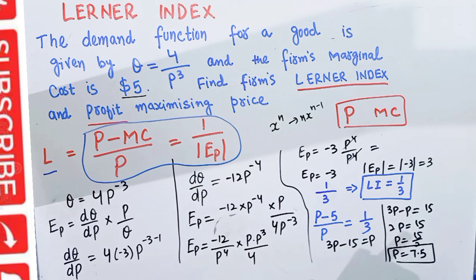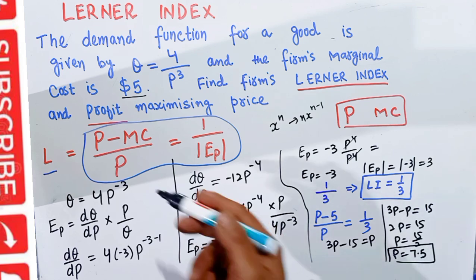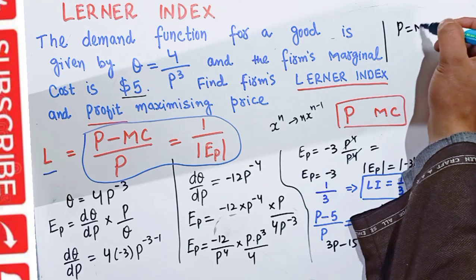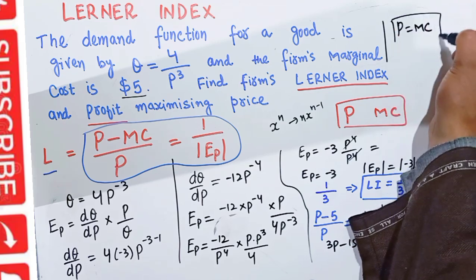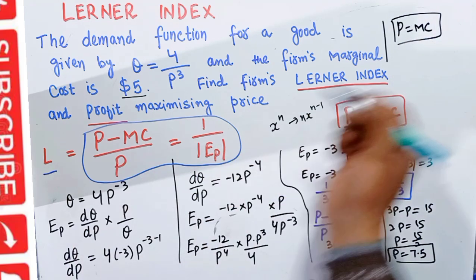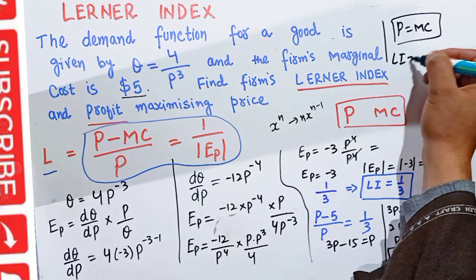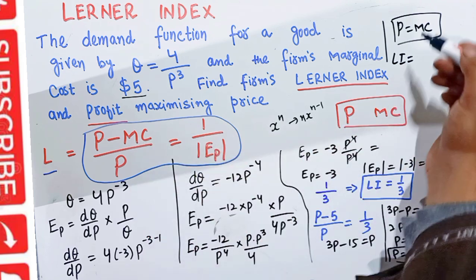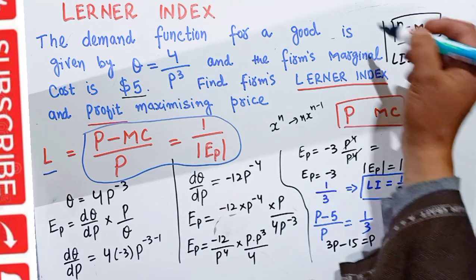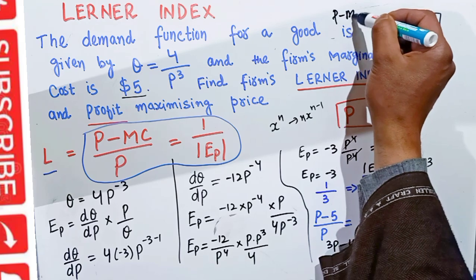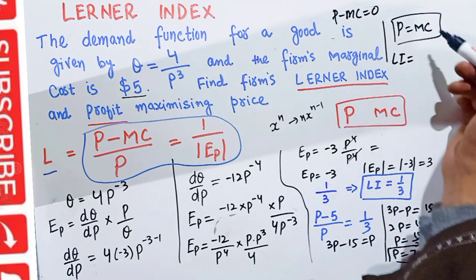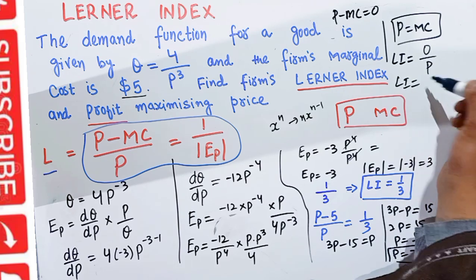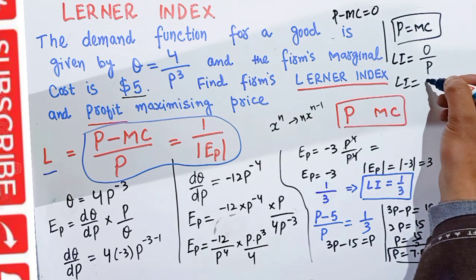In the case of perfect competition, we know price is equal to marginal cost. So what will be the Lerner's index? Lerner's index will be P minus MC upon P. P minus MC is equal to 0, so we will have 0 upon P. That means Lerner's index in the case of perfect competition will be equal to 0.